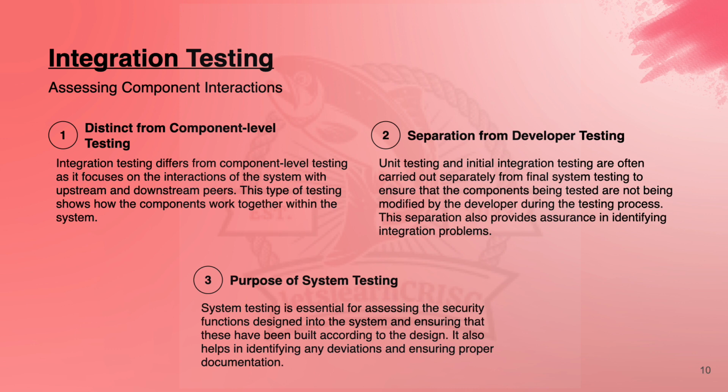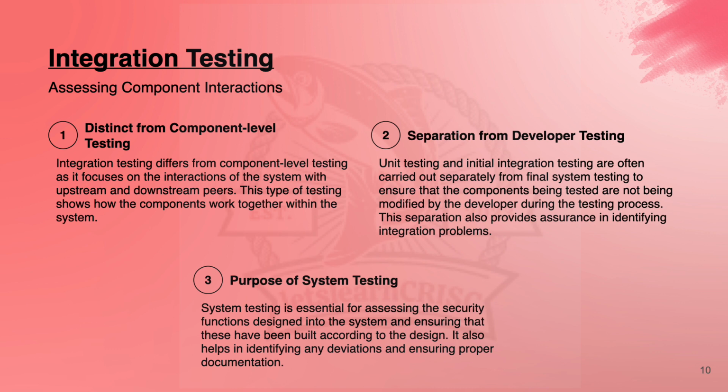It also helps in identifying any deviations or discrepancies between the designed security features and their actual implementation. Friends, it also ensures the integration of all the security features, verifying that they work harmoniously together to provide a robust defense against potential threats.